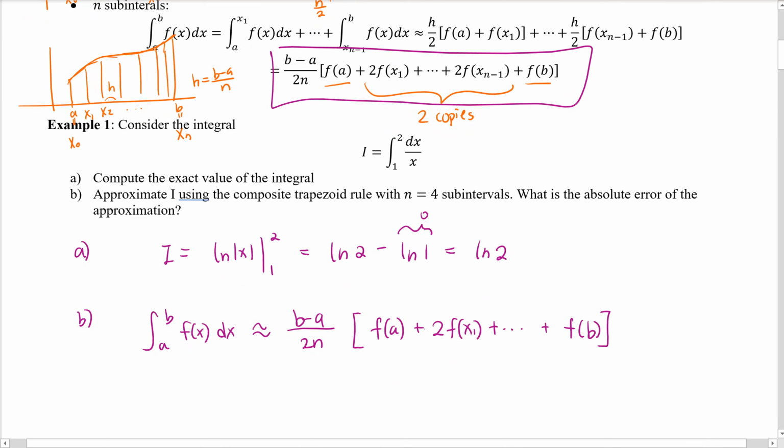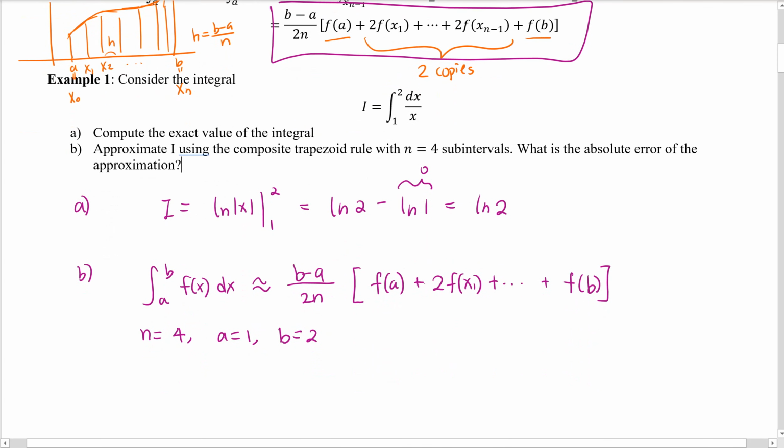Here n equals 4. What is a? a is 1, b is 2. So our integral is approximately (2 minus 1) over 2 times 4.